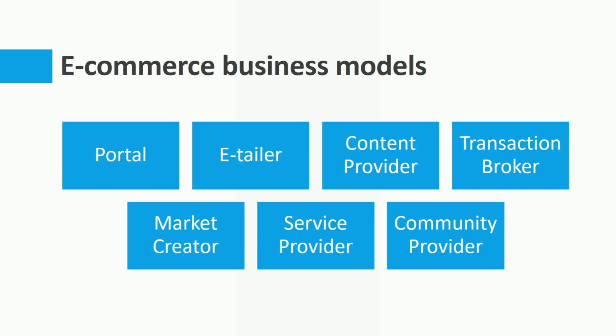And the next business model is called e-tailers, like Amazon, which provide convenient online stores for purchasing physical goods, while content providers distribute digital content like music and videos.